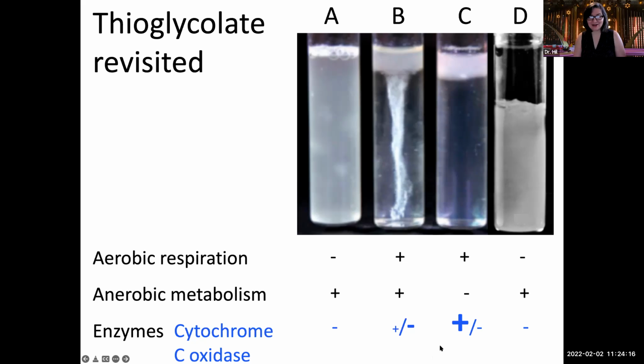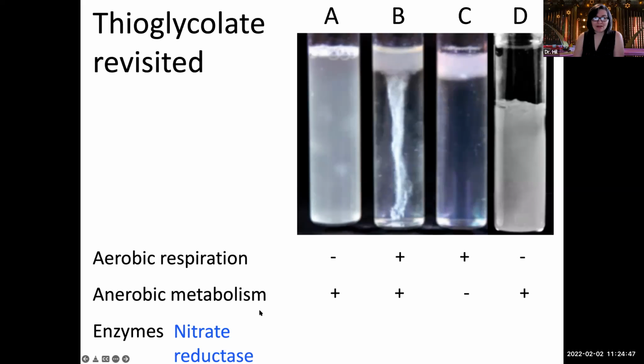Because as it turns out, cytochrome C oxidase has the job to take electrons from cytochrome C and put them on oxygen. There are a couple of enzymes with a similar function that could substitute in different microbes. So we don't know if cytochrome C oxidase is the one doing it. So if you get a negative oxidase, it doesn't mean they're not doing aerobic respiration. That's why the oxidase test is not a good proxy for oxygen requirement.